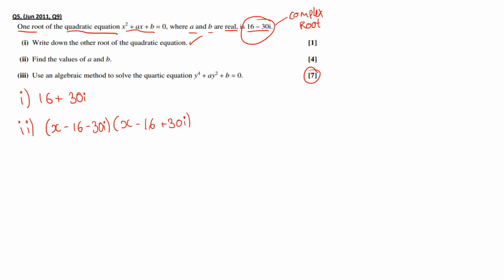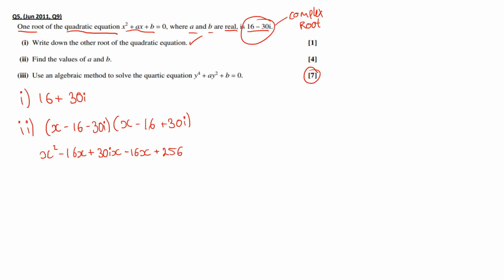Now it's just a case of a lot of expansion. So we've got x squared, of course, minus 16x plus 30ix. And then we go for the minus 16, so minus 16x, minus 16 times minus 16, I do not know off the top of my head, let's put it in the calculator. 16 times 16 is 256.